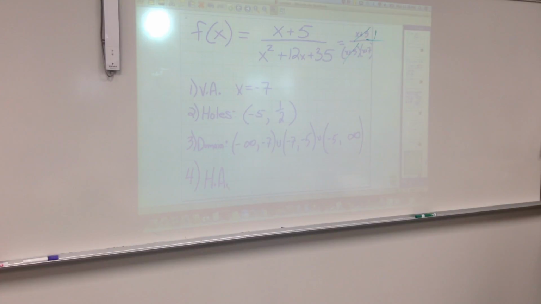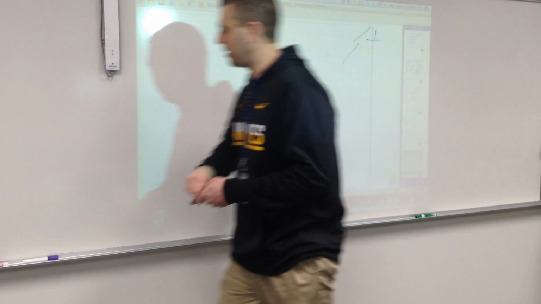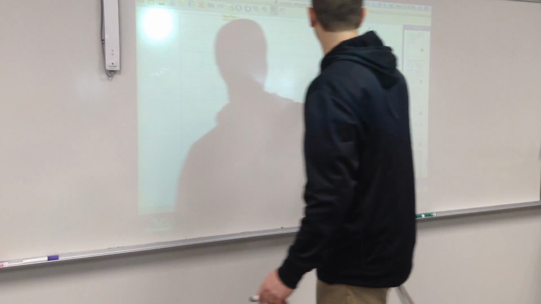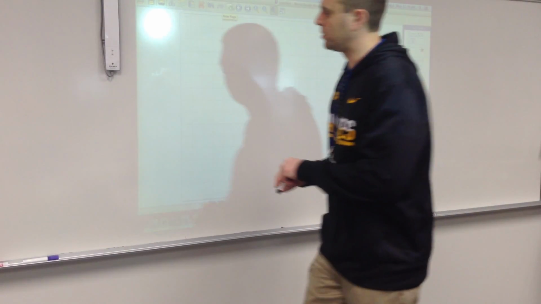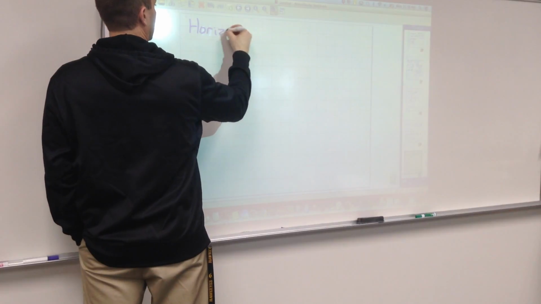Horizontal asymptotes occur at the very, very far left and the very, very far right of the graph. In fact, I'm going to go off on a little side note here and talk a little bit about horizontal asymptotes, because you probably don't have much for notes on those.